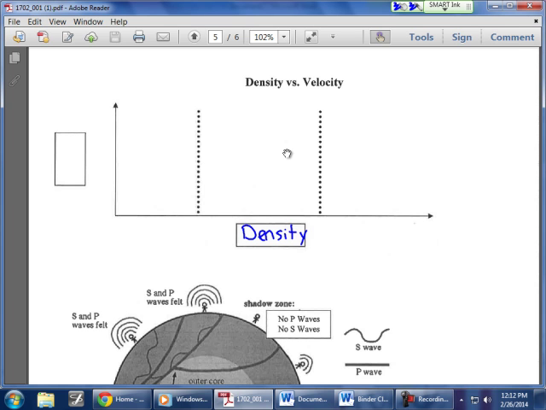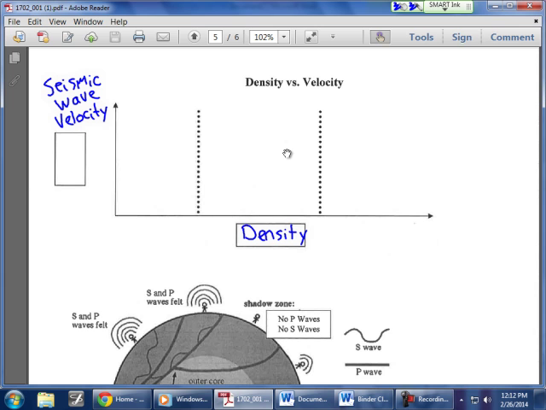We're going to look at how seismic waves are influenced as density increases as you get closer to the center of the Earth. So over here, go ahead and put seismic wave velocity. If you can, you can fit it in the box. That's what the box is there for, but it's hard for me to write.